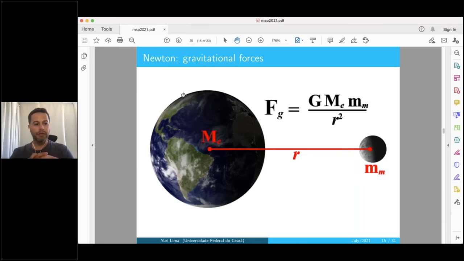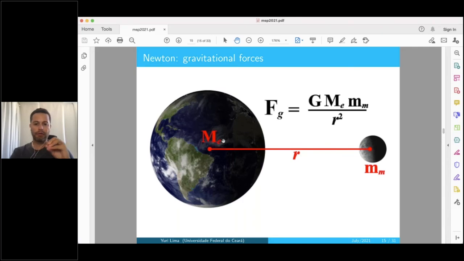So Newton deduced that whenever you have two masses, you have a force that one causes in the other, and the force is inversely proportional to the square of the distance between these planets, and directly proportional to the product of the masses of these two planets. So here is the gravitational force which occurs between Earth and the Moon.